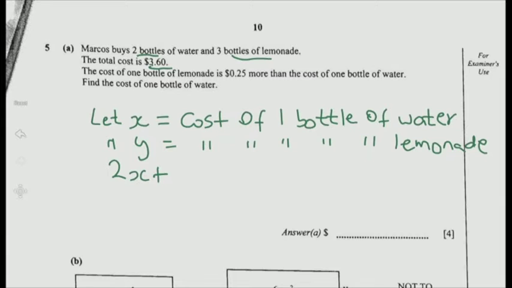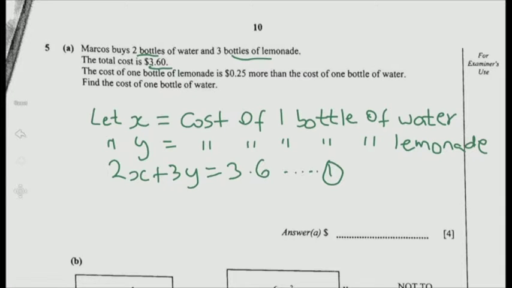Each bottle costs y, so you'll have 3y there. So that's the expression which represents the total cost in terms of x and y. But then you're already given that the total cost is 3.6, so this should be equal to 3.6. So that will be your first equation.